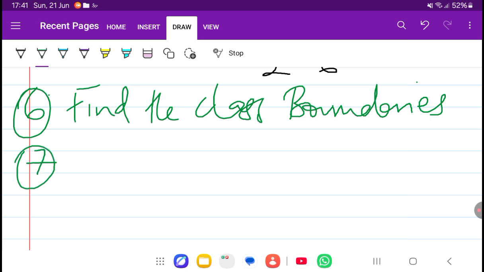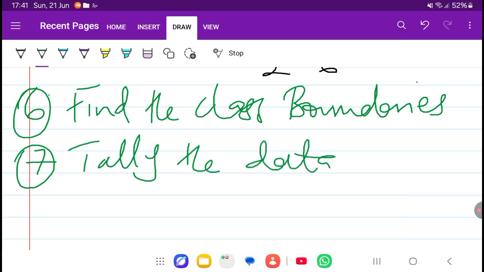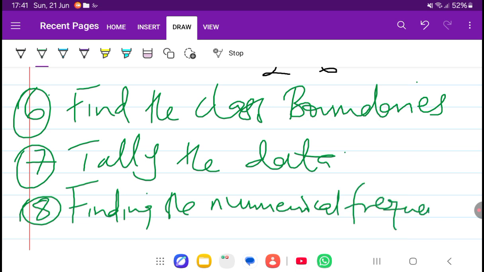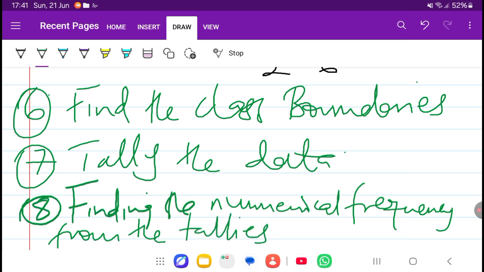Step 7, we tally the data. Then step 8, of course, is finding the numerical frequency. Find the numerical frequencies from the tallies.